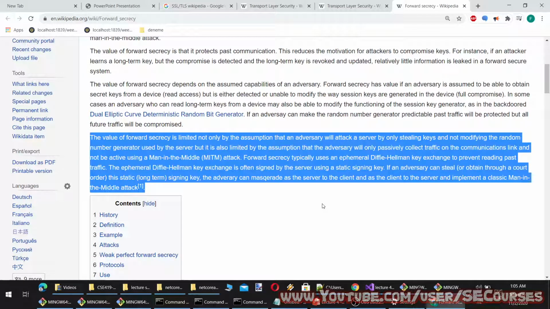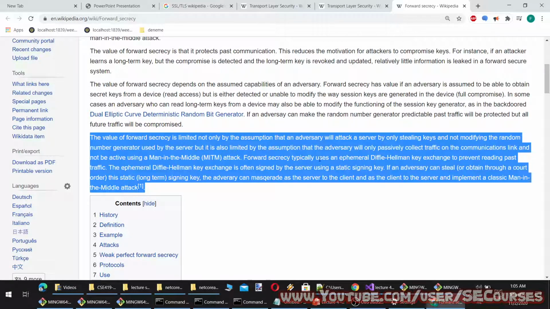The value of forward secrecy is limited not only by the assumption that an adversary will attack a server by only stealing keys and not modifying the random number generator used by the server, but it is also limited by the assumption that the adversary will only passively collect traffic on the communications link and not be active using a man-in-the-middle attack.